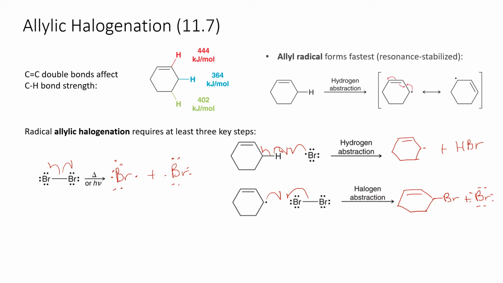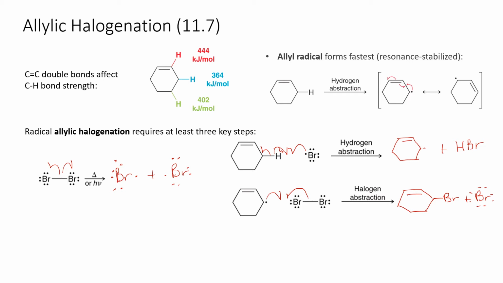So again, the radical allylic halogenation reaction requires at least 3 key steps. We have that initiation step where we're forming the 2 bromine radicals either through heat or irradiation. Then we have the hydrogen abstraction. These are our propagation steps. And then we can have a halogen abstraction.